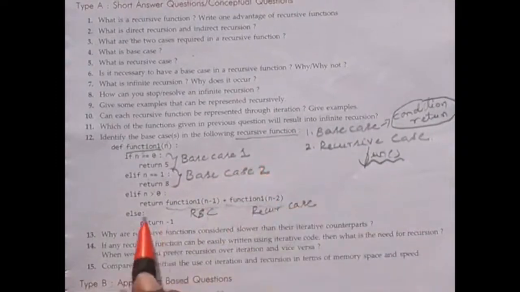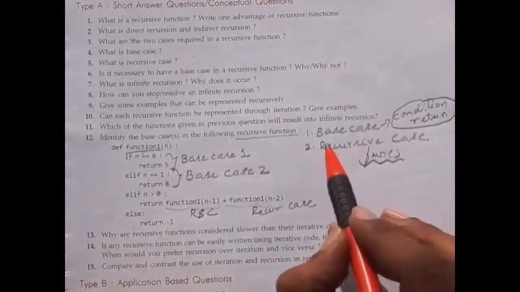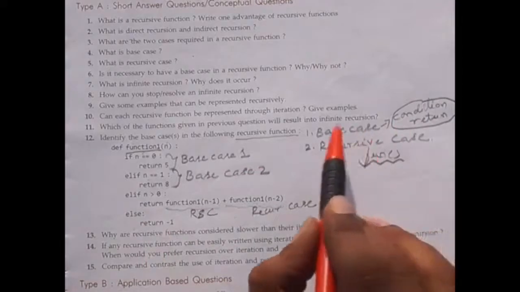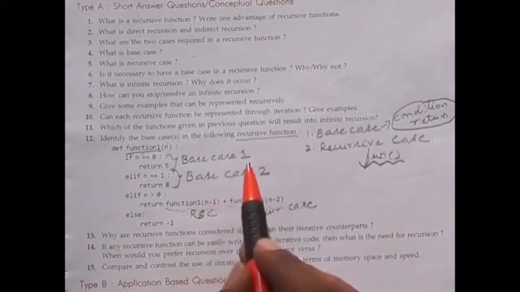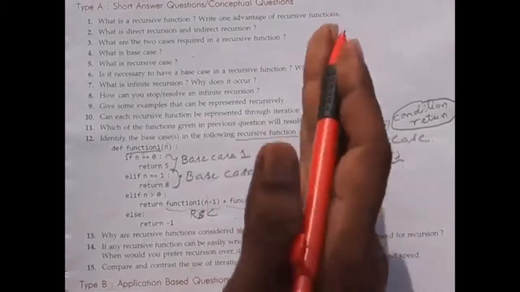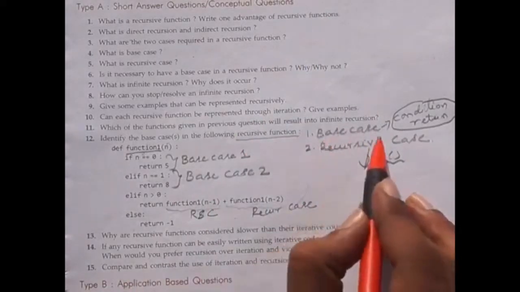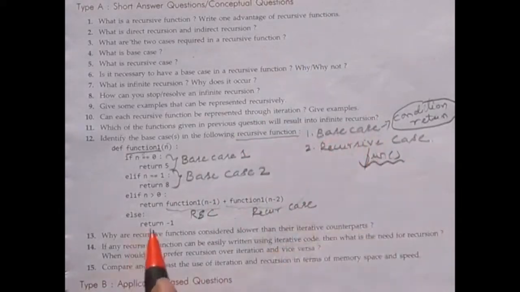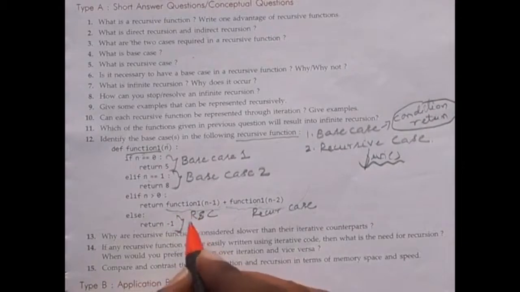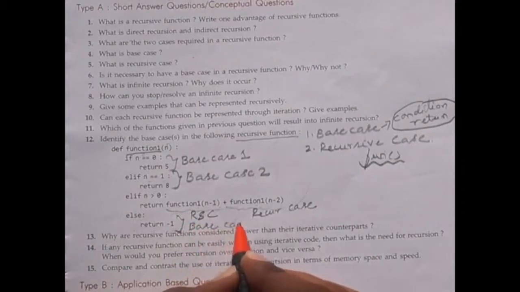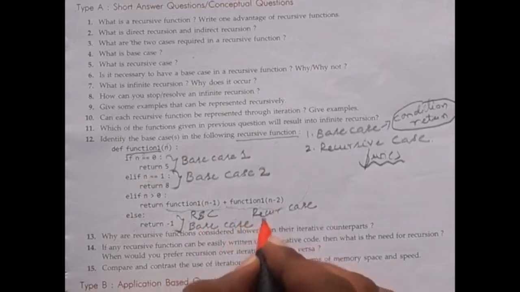What is the use of a base case? The recursive function would be executed again and again unlimitedly. To stop the recursion we use a base case. So here return -1 is also used to stop the function, so this is also a base case. So it is 3.